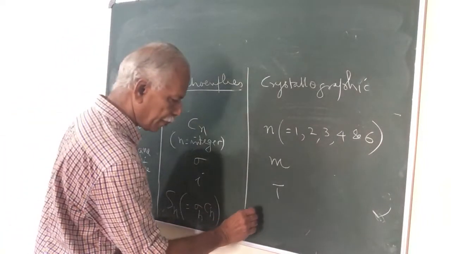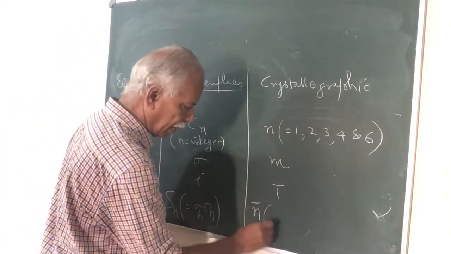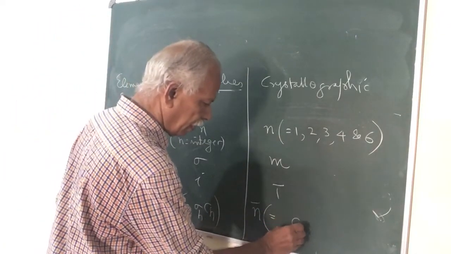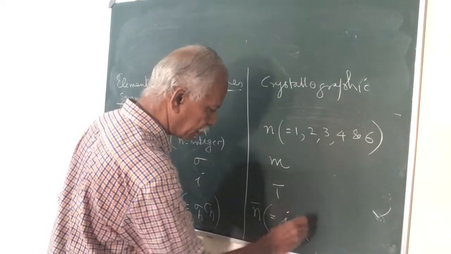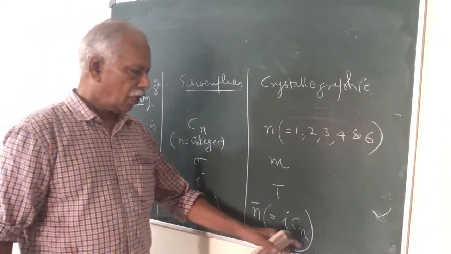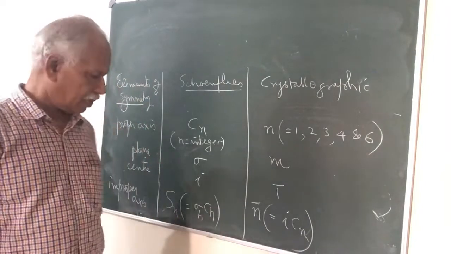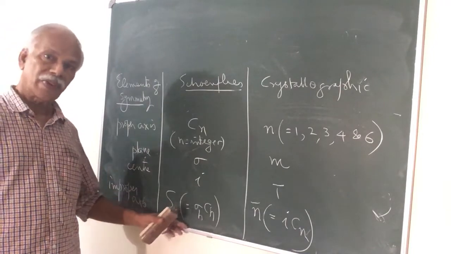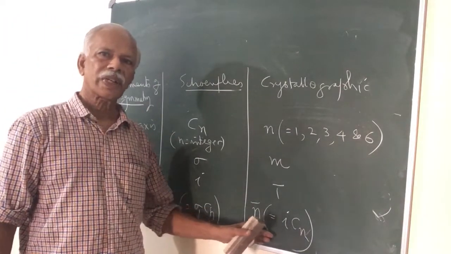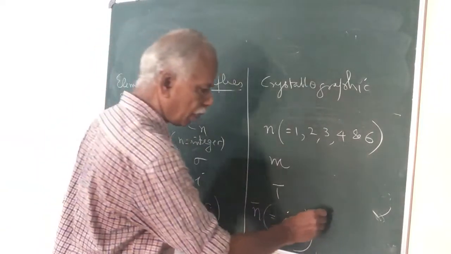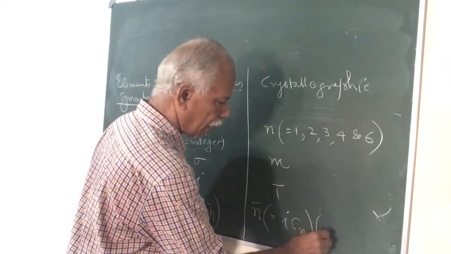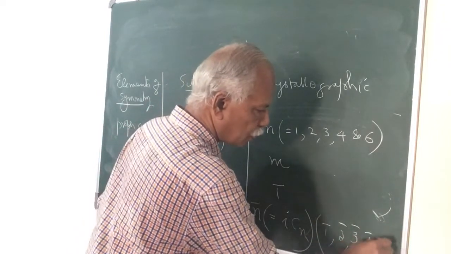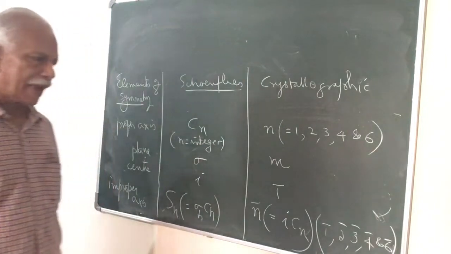It is denoted by n bar and it is actually Cn followed by i. It is a rotation inversion axis. In molecular symmetry, the improper axis is a rotation reflection axis. In crystallography, it is a rotation inversion axis, and the values of the improper axis are 1 bar, 2 bar, 3 bar, 4 bar, and 6 bar. These are the possible improper axes.